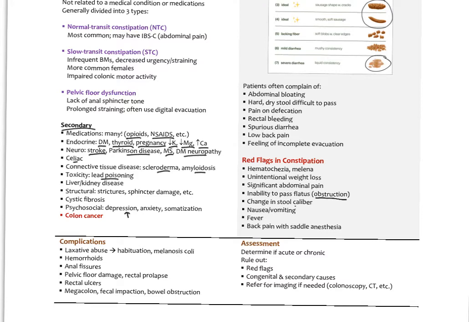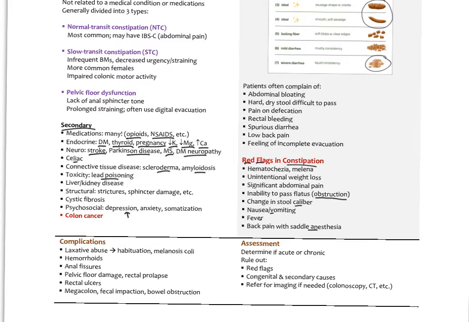Sudden change in the stool caliber, so it starts getting much narrower than before. That indicates stricture or obstruction. Nausea, vomiting, fever, and then back pain with what's called saddle anesthesia. That can happen with spinal cord injuries, where people get numbness, loss of bladder and bowel control, and in their lower body, and that indicates a prompt referral to have that investigated. So these are some of the red flags to think about for constipation.